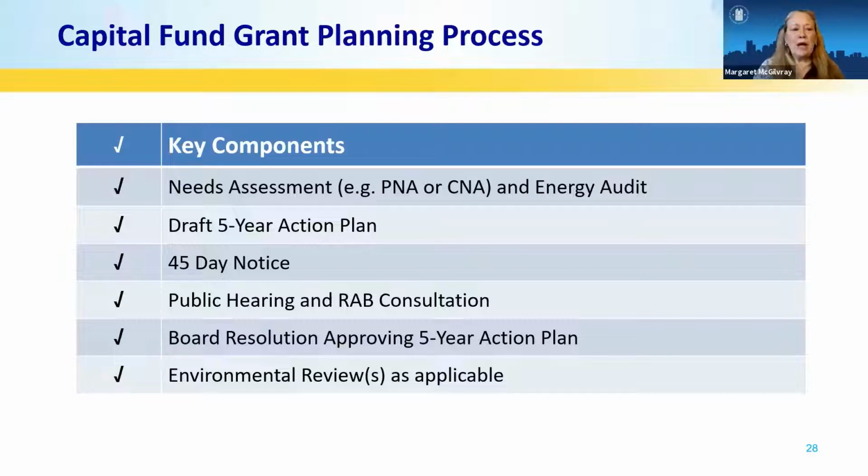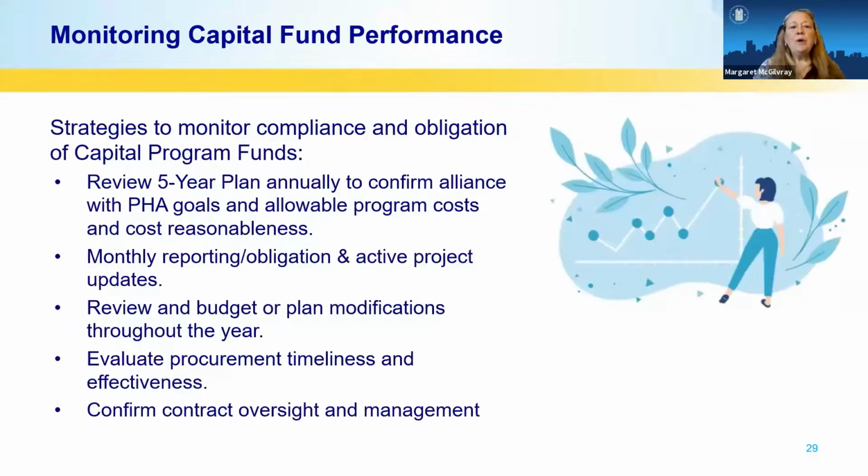So let's look at how you can best monitor your capital fund performance. Board members should see at a minimum the progress of the capital fund on a quarterly basis, if not monthly.